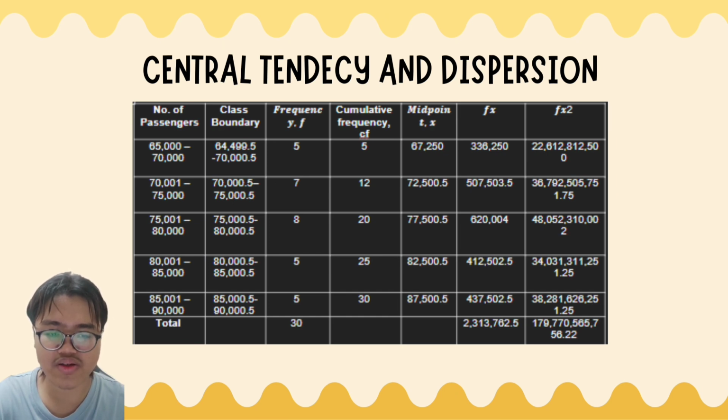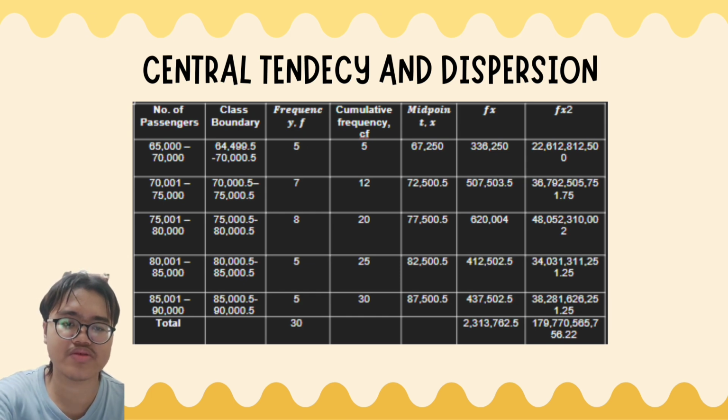Cumulative frequency helps track the running total, showing the cumulative count up to each interval. Midpoint represents the central value of each class. Calculation of fx and fx squared help compute measures like the mean and variance. From this data, the total frequency is 30, and key values like mean and standard deviation can be derived, summarizing the dataset's central trends and variability.